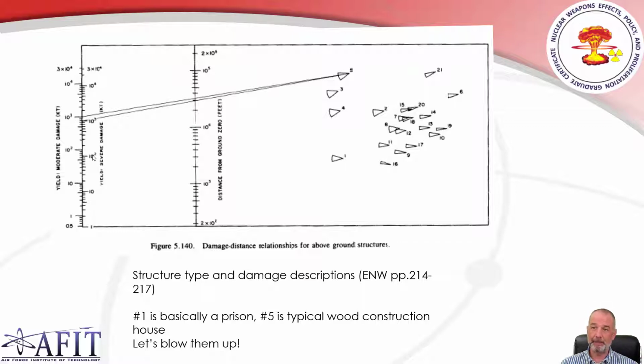And the inner one is severe damage for a weapon yield in kilotons. So the first thing we're going to look at is this. These cones represent those different types of structures that I showed you on the previous slide.